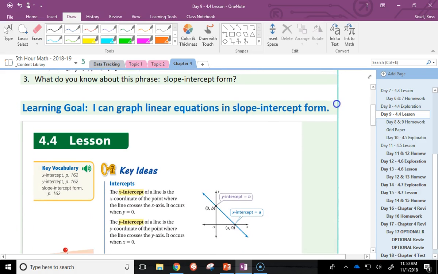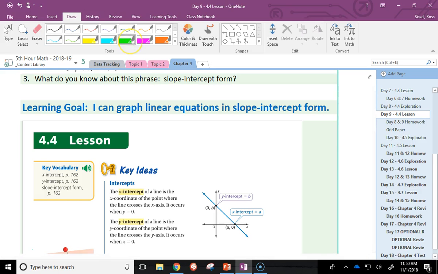Okay, what do we know about slope-intercept form? We probably don't know what that fully is, but what do we know about this phrase right here, slope-intercept form? What can you pull out of it? Okay, slope. What is slope? Steepness. The steepness. We're talking about the steepness, or the rate.